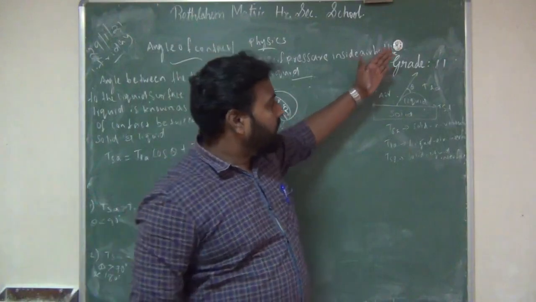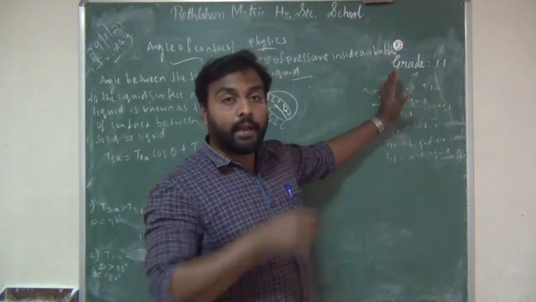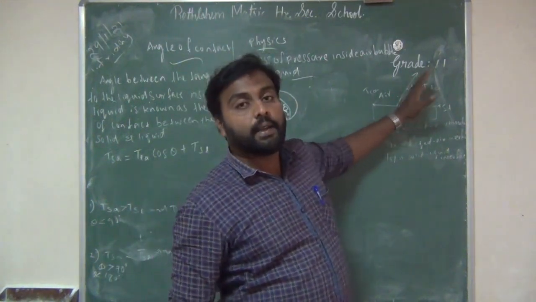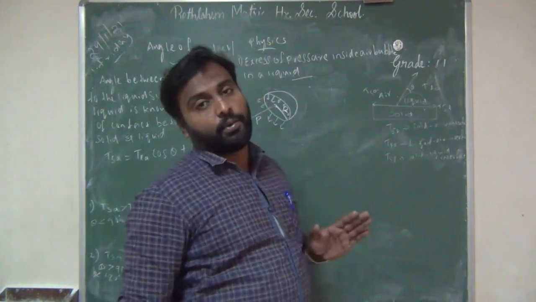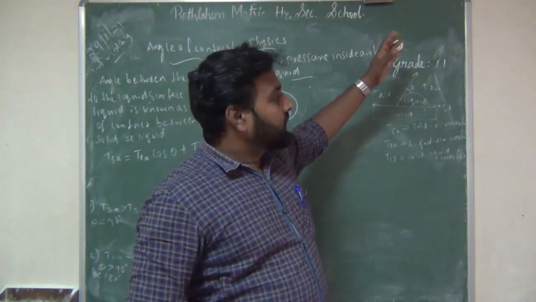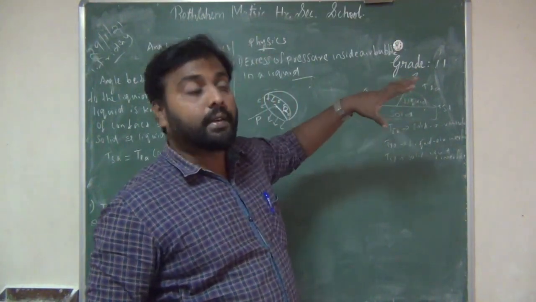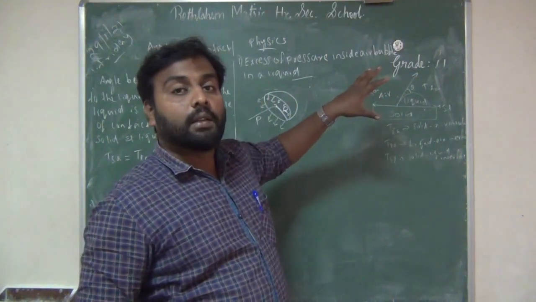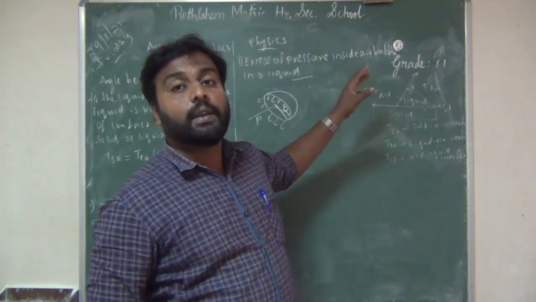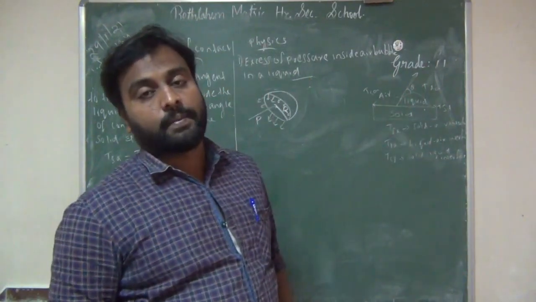So in between these layers, you see here solid, liquid, air. We can see a line tangent to this liquid, and there is an angle forming between this liquid and this air surface.